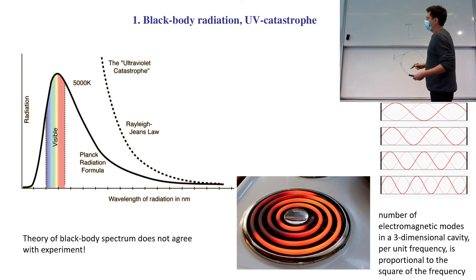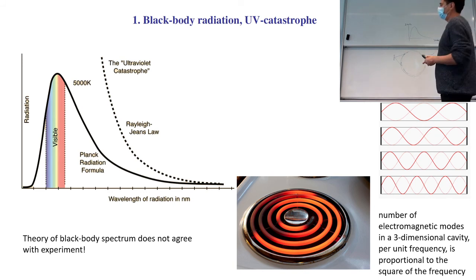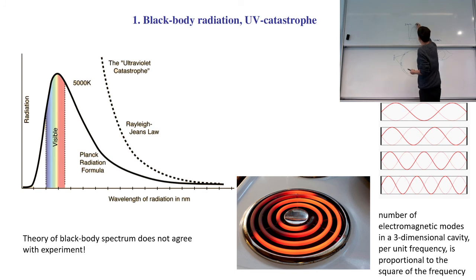So when you heat something up, there's this characteristic kind of curve. This is something at high temperature, and at lower temperature it looks something like this.